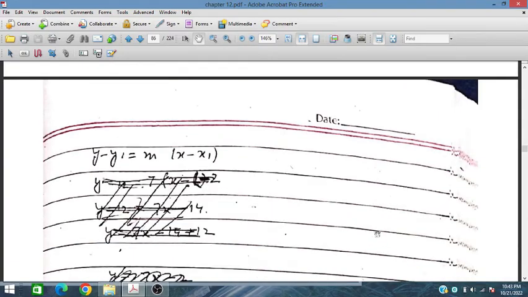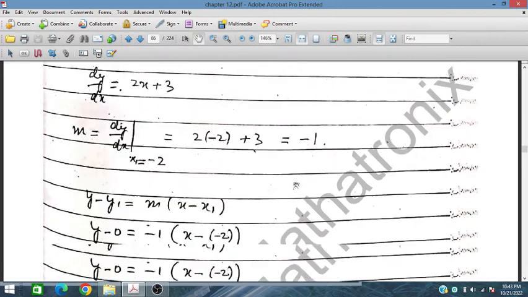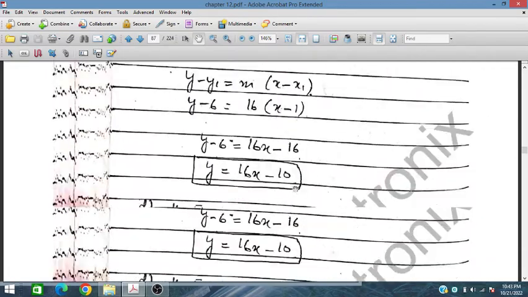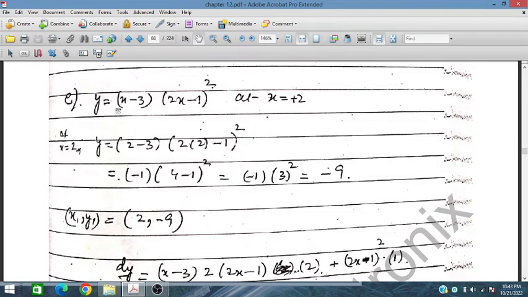Similarly, let's move to the second problem, part e. Here we have y equal to (x minus 3)(2x minus 1)^2 at x equal to 2. We put this x value in to get the value of y.